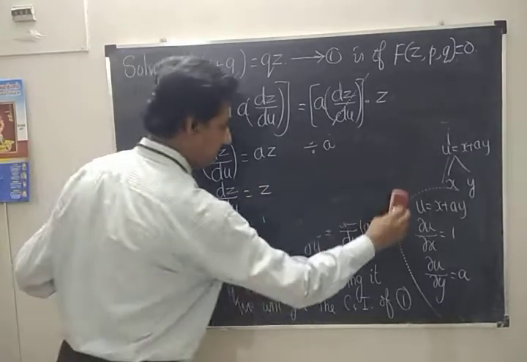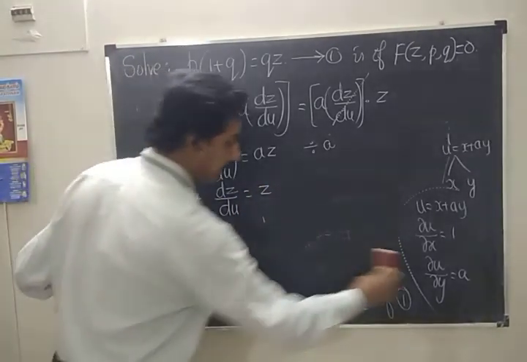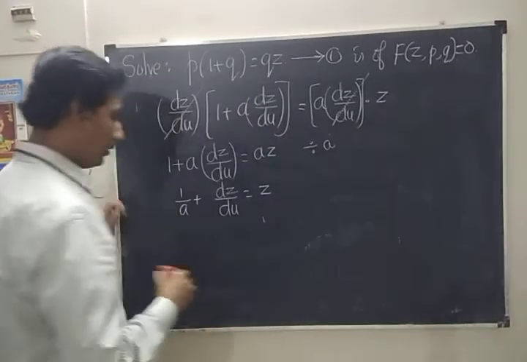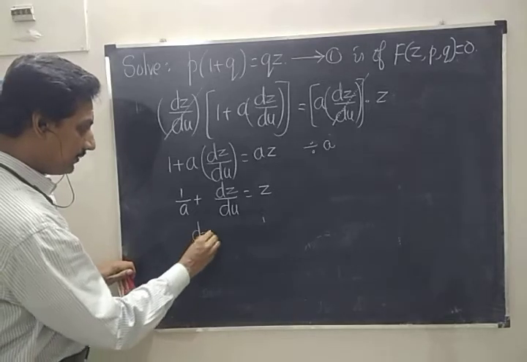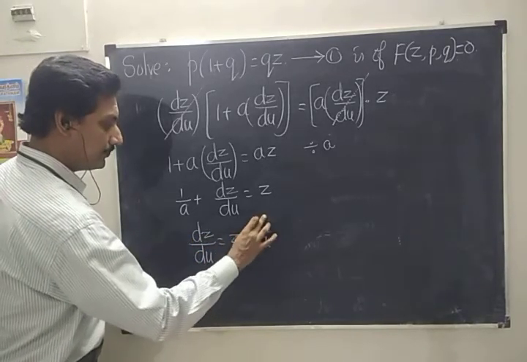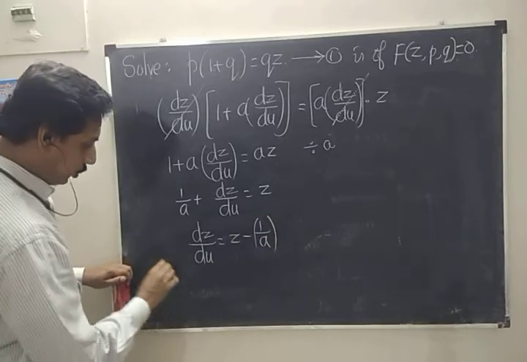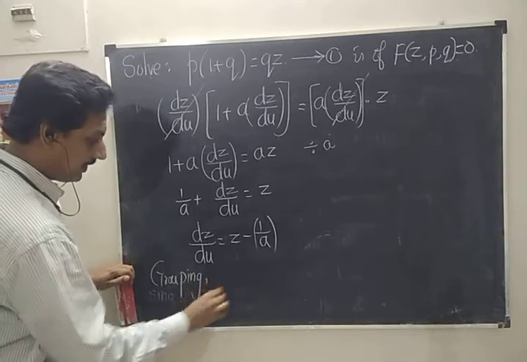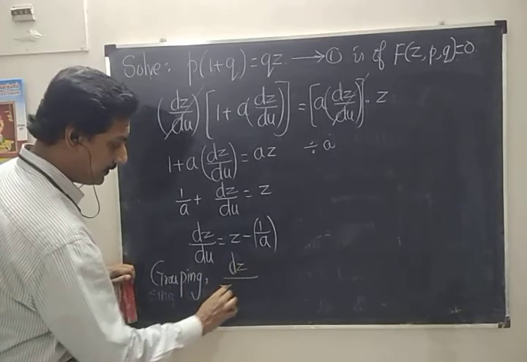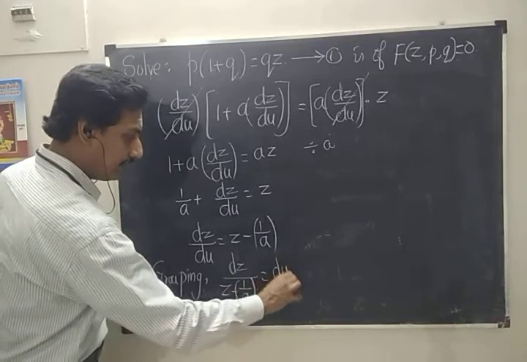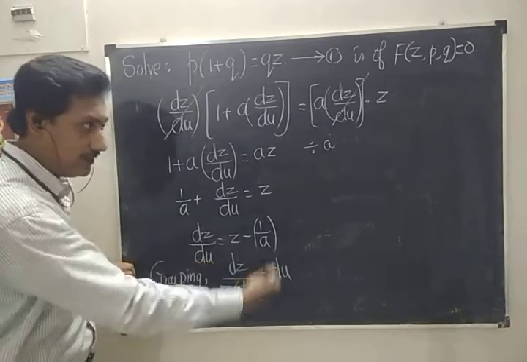Now grouping the terms, one side keep z alone and the other side is u. So dz by du becomes z minus 1 by a. By grouping the variables, we get dz by z minus 1 by a is equal to du. So I can keep z on the left hand side, u on the other side.